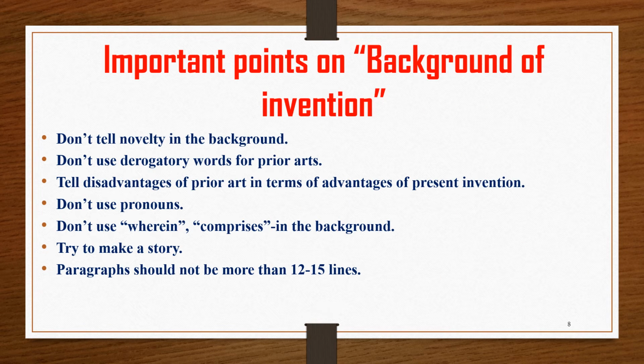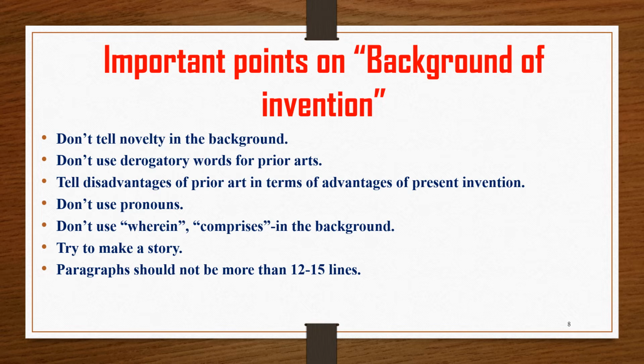The next one is, we can remember some important points on background of invention. First point is, don't tell novelty in the background. That means inside this particular section of the complete specification, novelty should not be told or discussed. Next point.